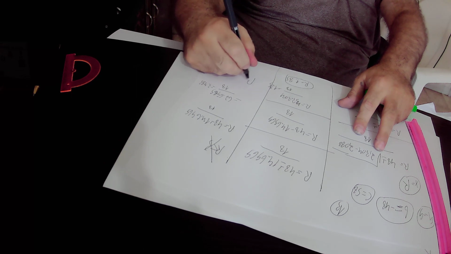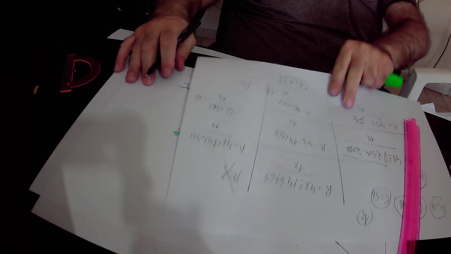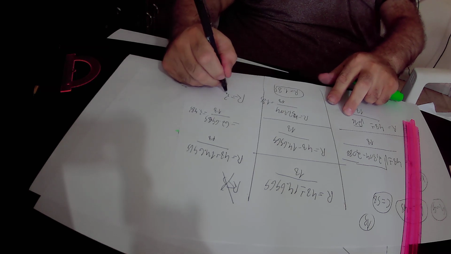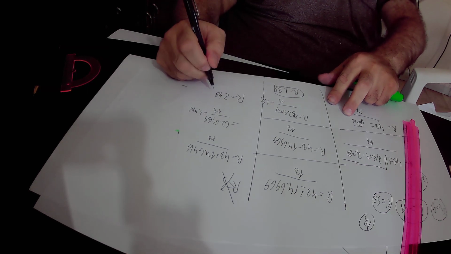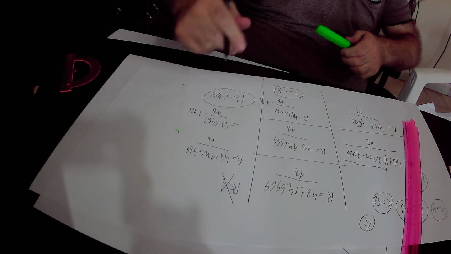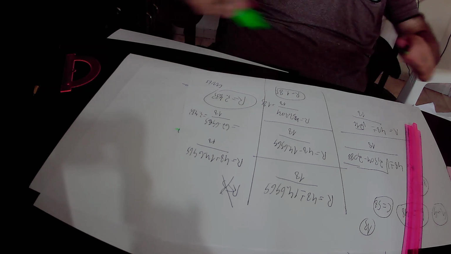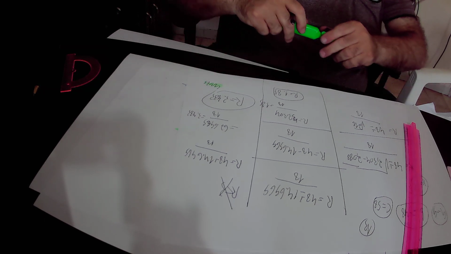So the radius of this big circle is equal to 3.483 units. We finished the question. In the next step, I'll summarize the lecture.